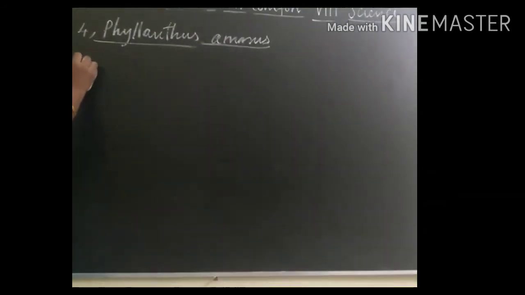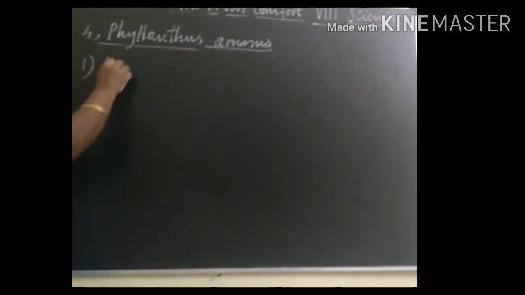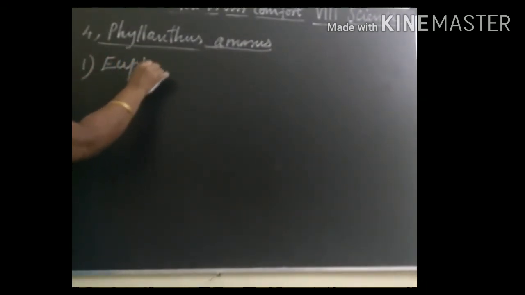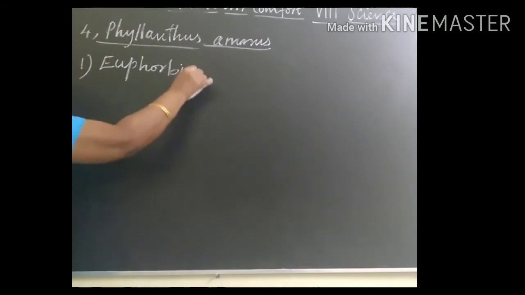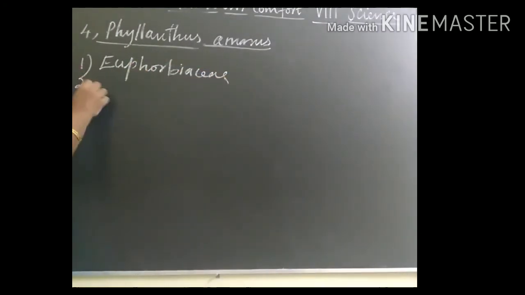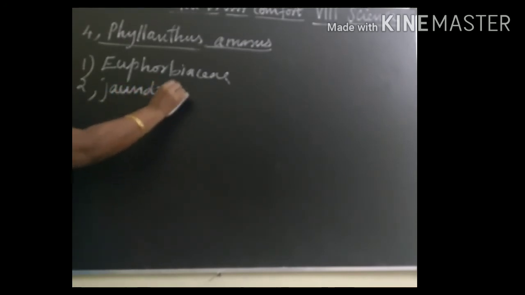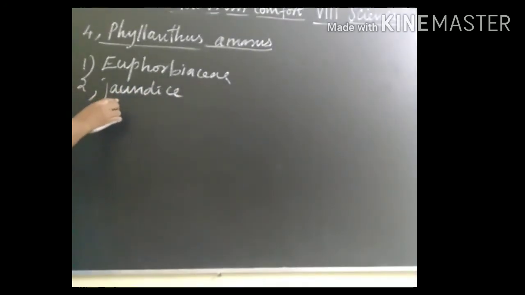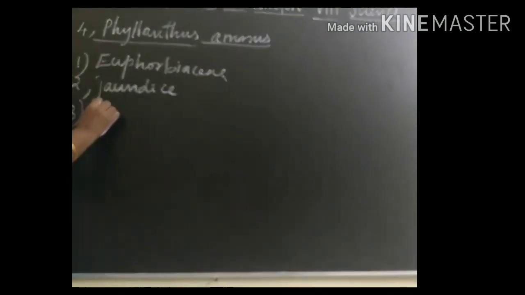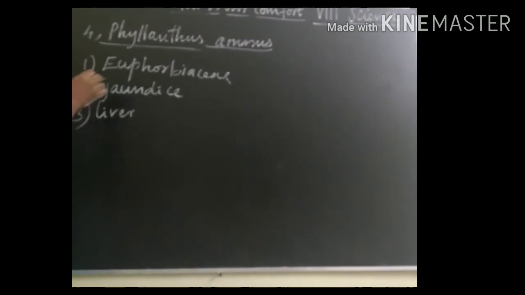It belongs to the family Euphorbiaceae. Yes. The entire plant is used in the treatment of jaundice. Manjal kamalai. Jaundice. It gives additional strength to the human liver. And it is used to treat other liver disorders also.